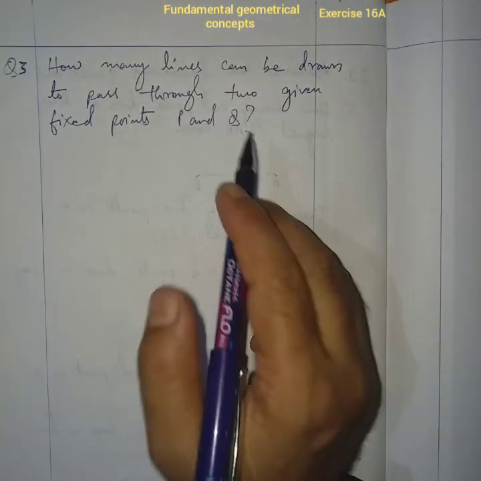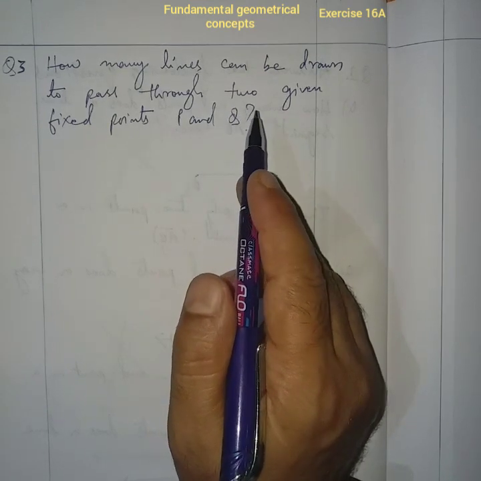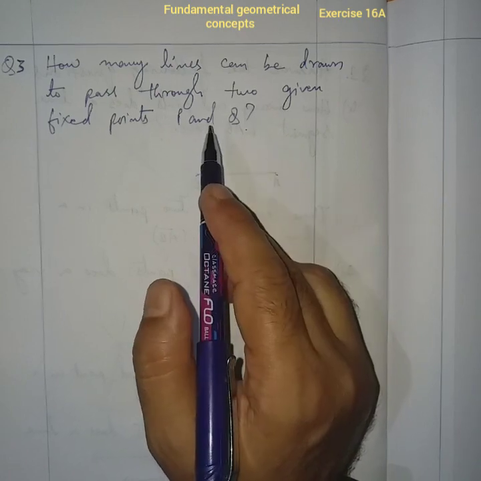Okay, how many lines can be drawn to pass through two given fixed points PQ?